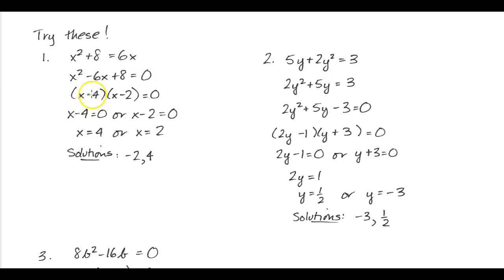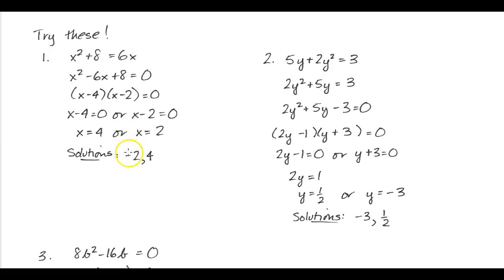And then I factored to (x minus 4) times (x minus 2). So if x minus 4 is 0, we can add 4 to both sides to get x equal to 4. Or if x minus 2 is 0, we can add 2 to both sides to get x equal to 2. So the solutions should be positive 2 and 4.